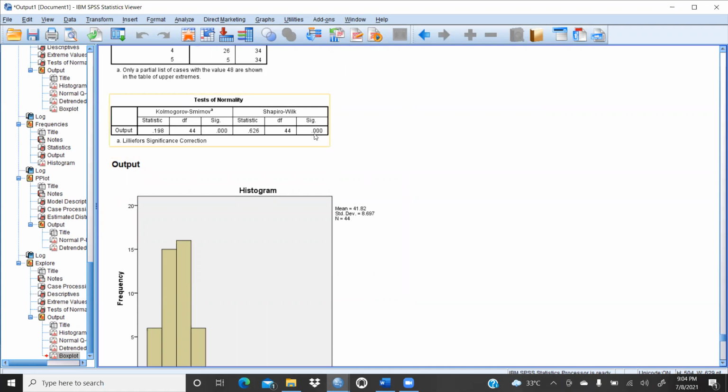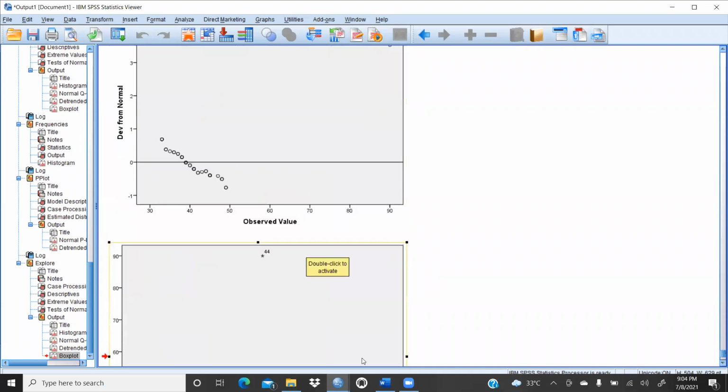That means 0.000. Earlier the Shapiro test was greater than 0.05, and now it's less than 0.05. That means we are rejecting the null hypothesis, and the null hypothesis is that there is no significant difference in the data. But now we are saying our data is not normally distributed. Correct?